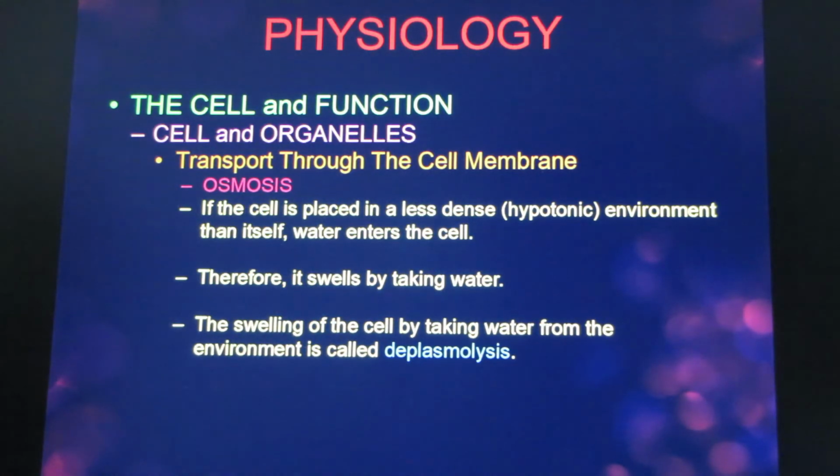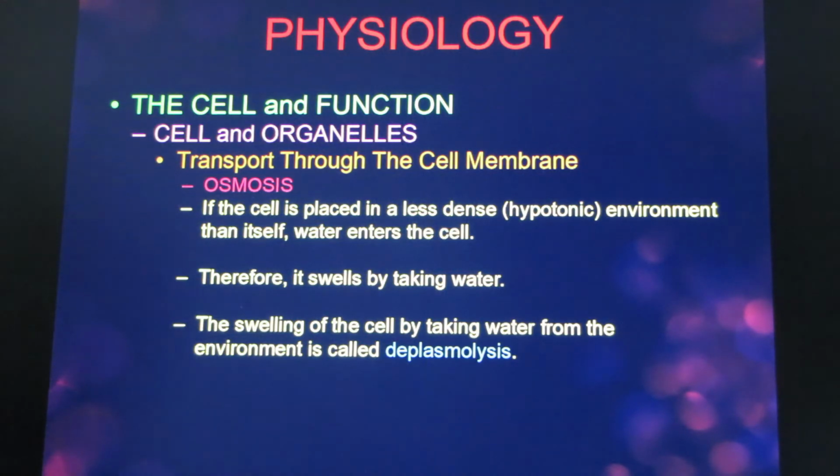But if the cell is placed in a less dense, or hypotonic, not hypertonic, but hypotonic environment than itself, water enters the cell in order to bring both sides of the fluids to an equilibrium. Therefore, it swells by taking water inside.